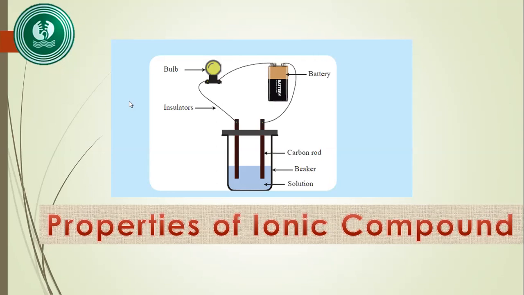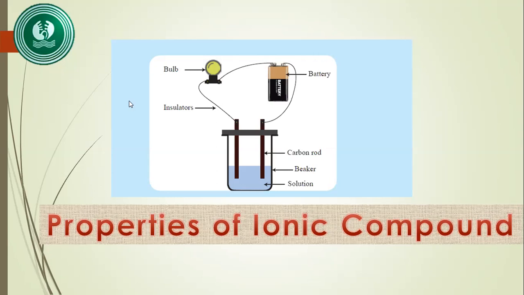And the other one is freely moving ions. In the case of ionic compounds, the ions are present, but they are restricted from moving because they are very tightly bound by a strong electrostatic force.